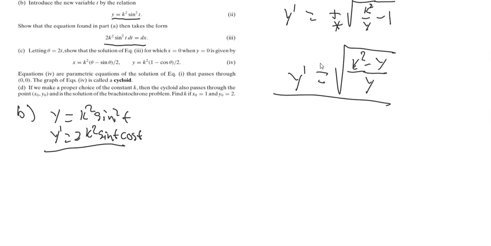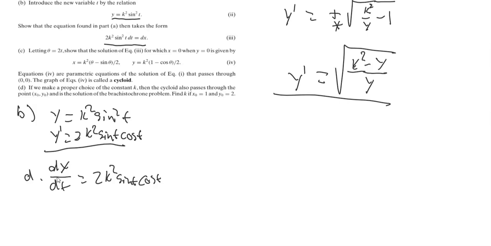We're going to split this up now to dy dt, which is equal to 2k squared sine of t cosine of t.